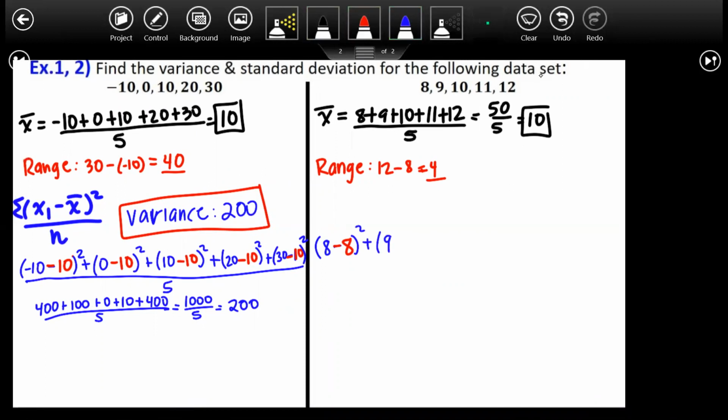Oh, well, minus 10, sorry. I'm looking at the wrong number. 8 minus 10 squared plus 9 minus 10 squared plus 10 minus 10 squared. Again, taking all of our data points, subtracting them from the mean, and squaring them.